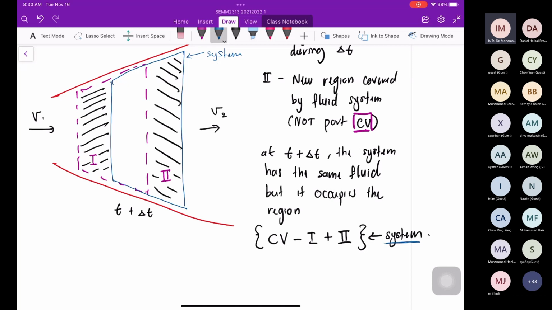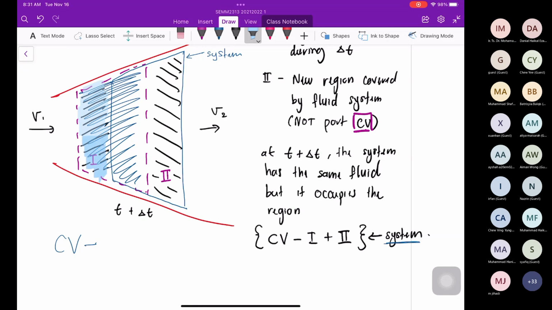How to get the system region? Of course, the control volume, this one, minus this one, and then minus region 1, and then you need to plus this region. Okay, now you understand, class.